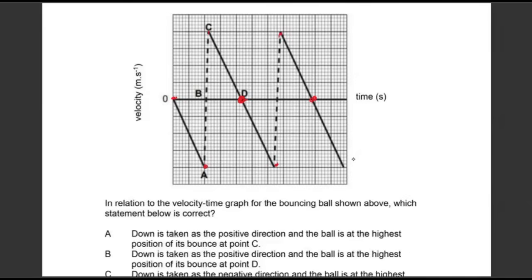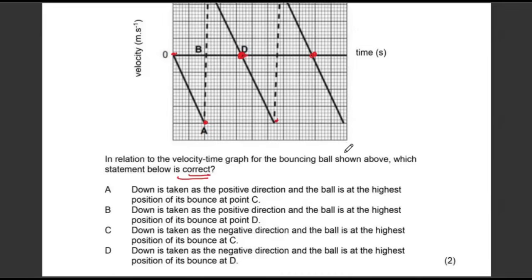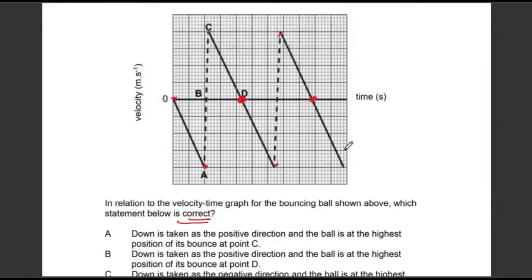So in relation to the velocity time graph for the bouncing ball, which statement is correct? We need a statement that is correct. They're telling us that down is taken as a positive direction and the ball is at its highest position at point C. Nope, so this C just cancels the whole scenario.